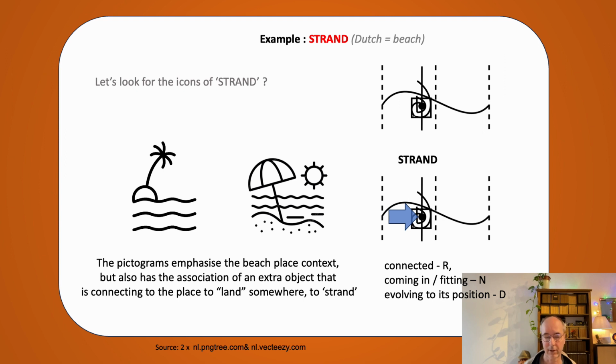Sometimes it's the palm tree. Anyway, it gives us the extra association that we not just have the place, but it's always also a place to land there, to strand there. That's also the English word, to strand. So you also have to make the connection to the place. And that's why these extra objects again help you to pinpoint in the right direction.